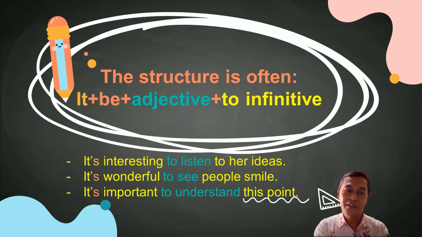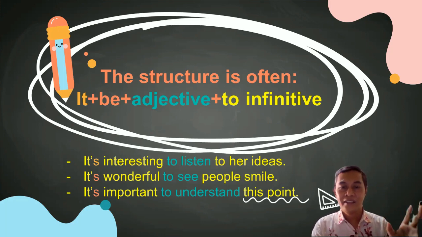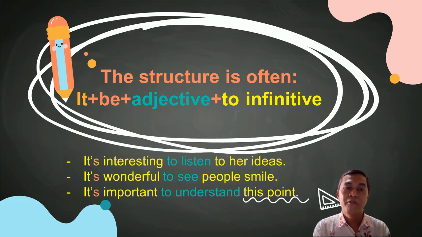Interesting, wonderful, important are adjectives, and then to listen, to see, to understand are to infinitive. And now we have learned together the structure of dummy it here: it, be, adjective, and then to infinitive verb. Okay, everyone?